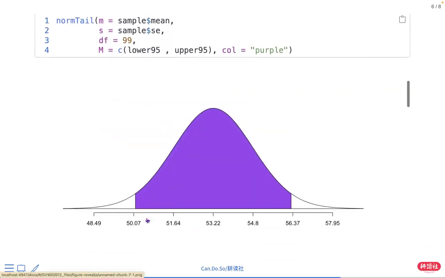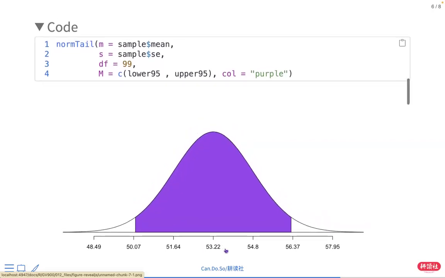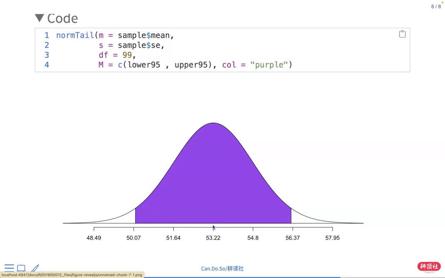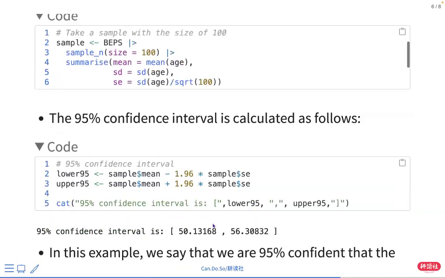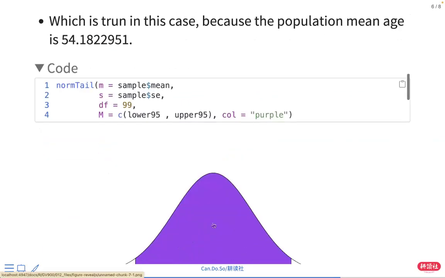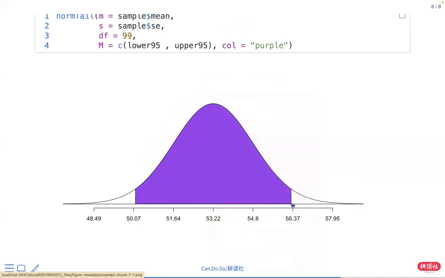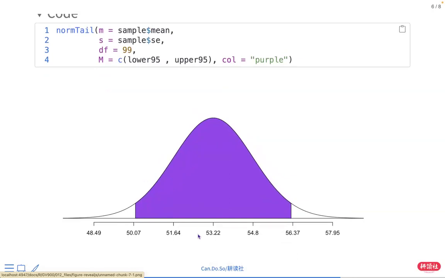What does it mean? In this case, this is the sample mean. The confidence interval is from 51 to 56 around, and covers the sample mean, which is 54 here.